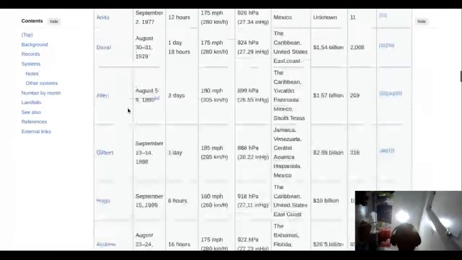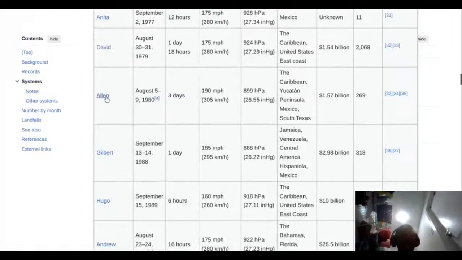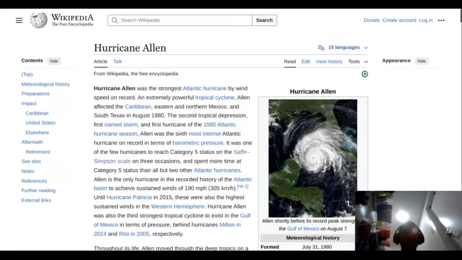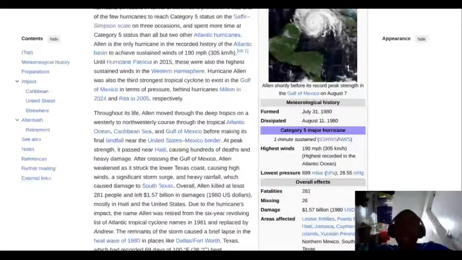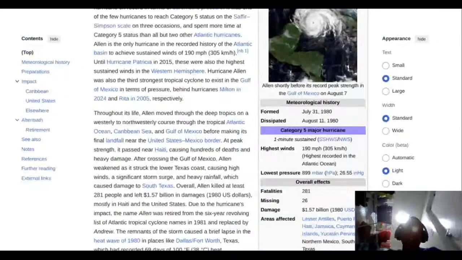Next, let's talk about Allen. Hurricane Allen formed on July 31st, 1980, and it dissipated on August 11th, 1980. This hurricane is what caused the August 1980 super tornado outbreak.